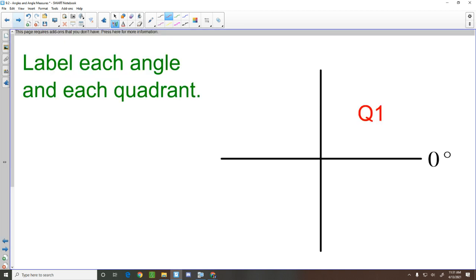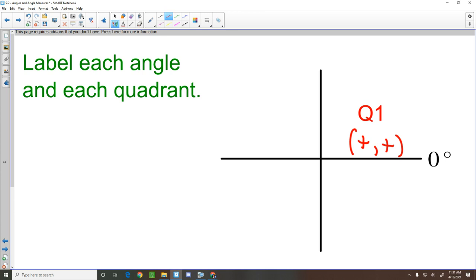All right, so in this slide, everybody, all I want you to do, I've got a coordinate plane there, and I've got the first quadrant labeled for you. Quadrant 1 is always in the upper right, because this is where it's positive, positive. Like if I had a coordinate here, it's a positive x value and a positive y value. That's the main part of the coordinate plane we typically work with, and that's why it's the first one.